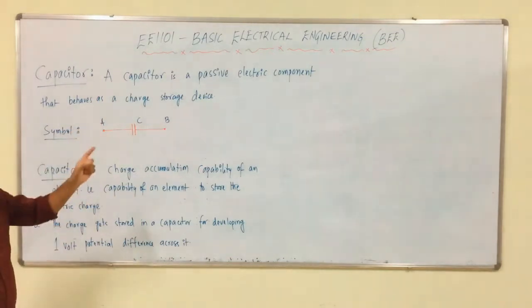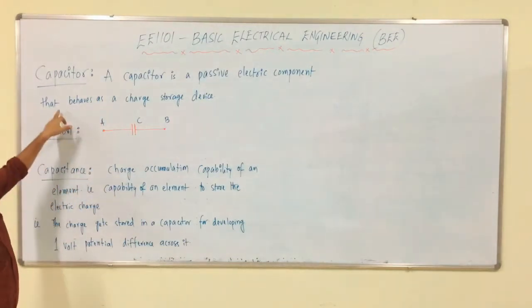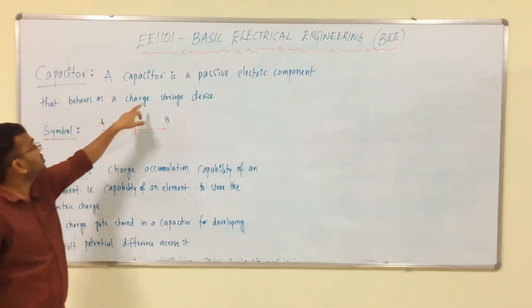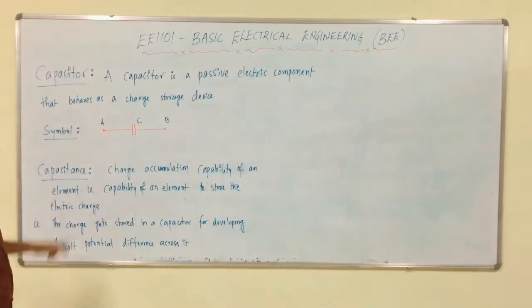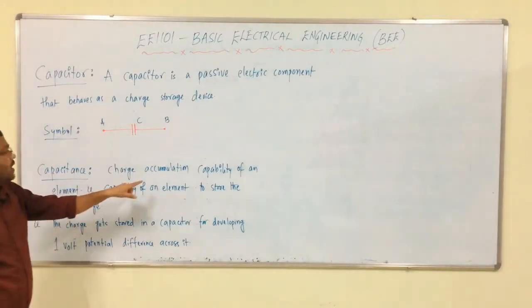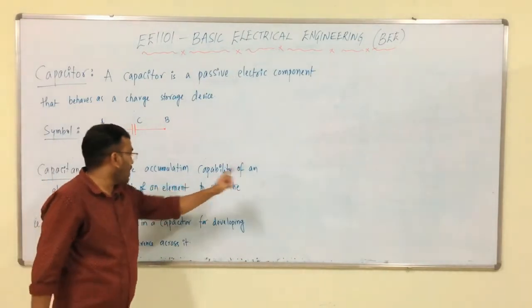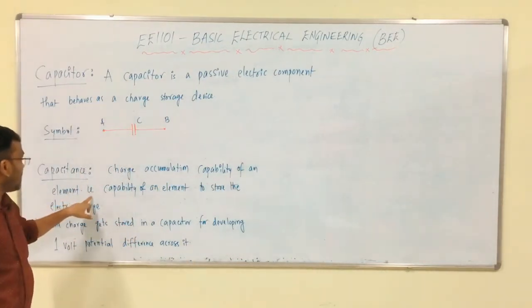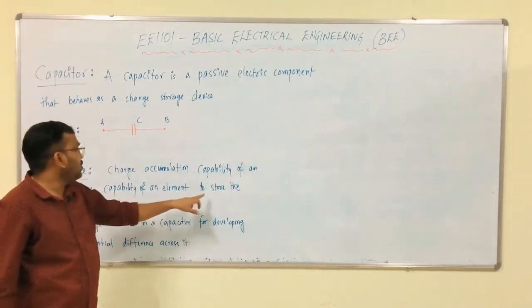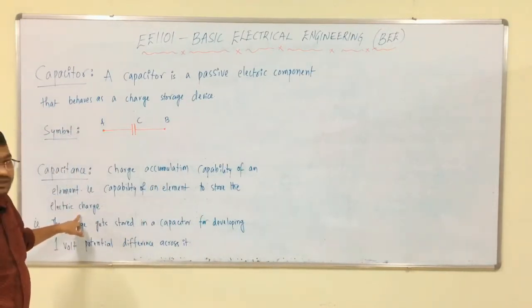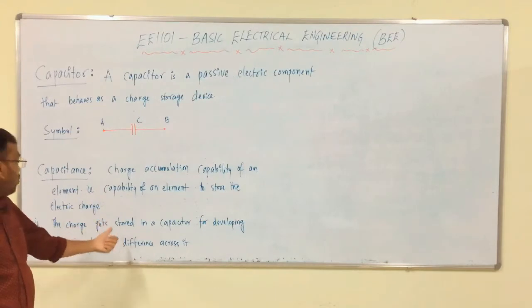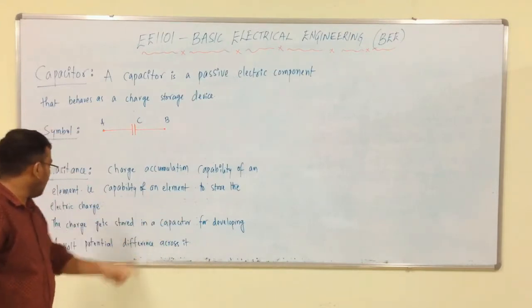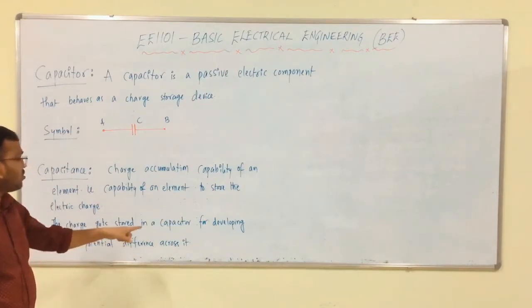A capacitor is a passive electric component that behaves as a charge storage device. The property of this capacitor is nothing but capacitance. That is the charge accumulation capability of an element, the capability of an element to store electric charge. It means the charge that gets stored in a capacitor for developing 1 volt potential difference across it.